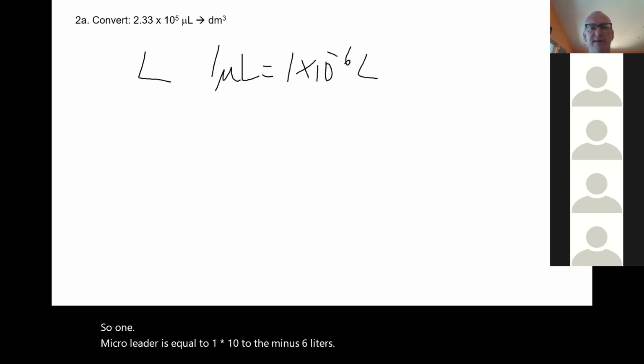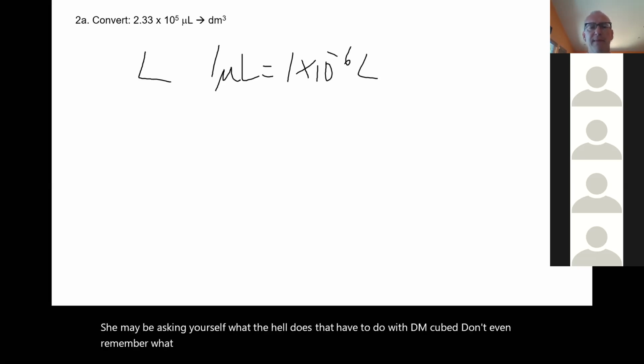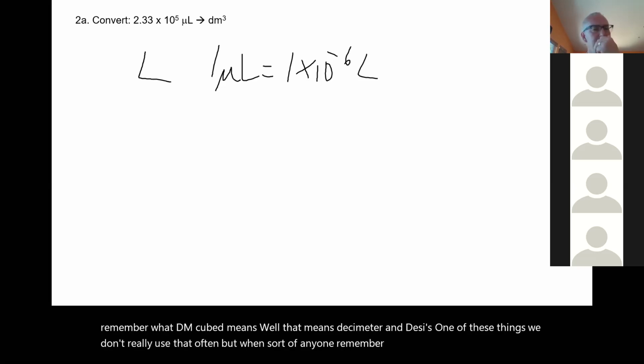So you may be asking yourself, what does that have to do with dm cubed? I don't even remember what dm cubed means. Well, that means decimeter. And deci is one of these things we don't really use that often. Anyone remember what deci means?